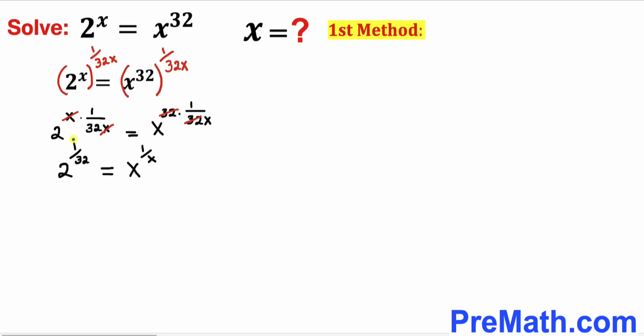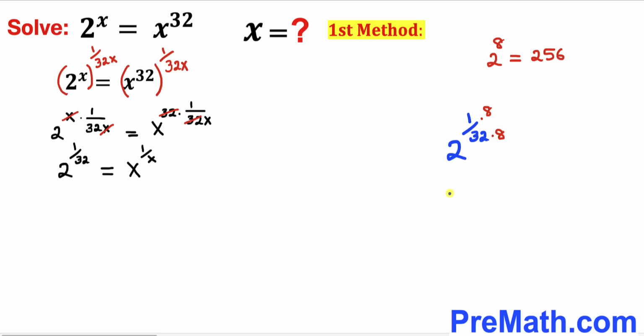And now let's focus on this left hand side, 2^(1/32). And here I have copied it down. And now let's make an observation. We know that 2^8 equals 256. So I am going to multiply the numerator and the denominator by 8 at the very same time.